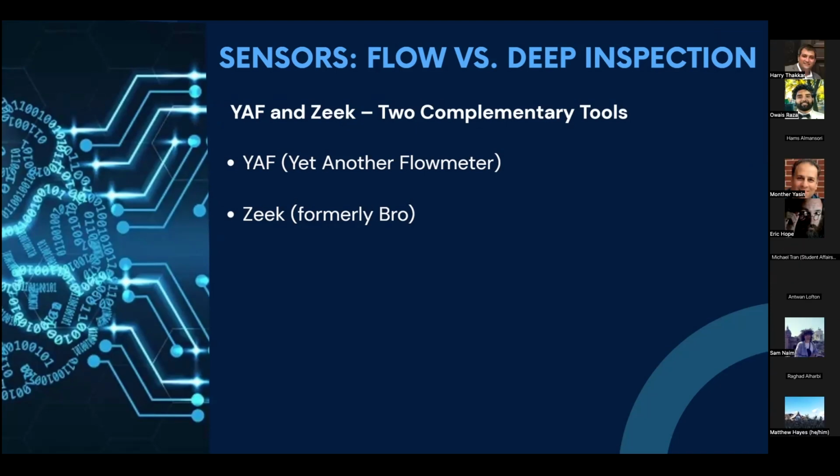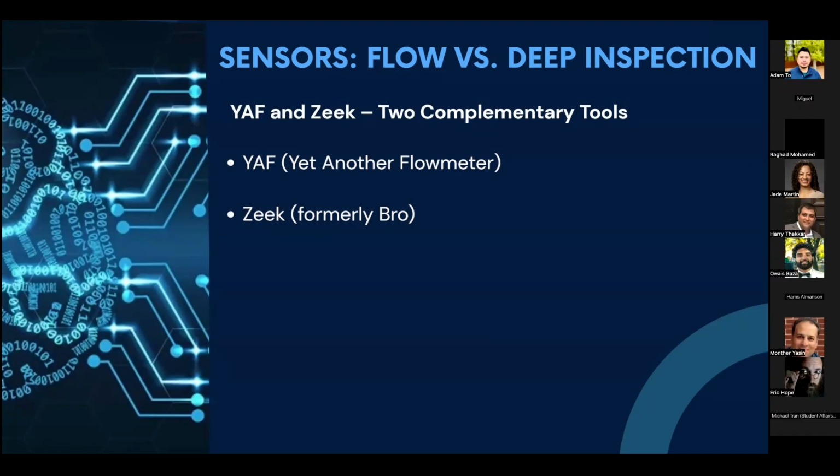On the other hand, the Zeek sensor does a deep inspection, like what type of connection is that? What is the source IP trying to accomplish in that network?